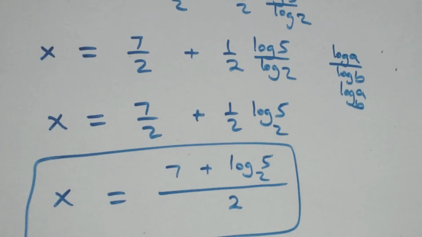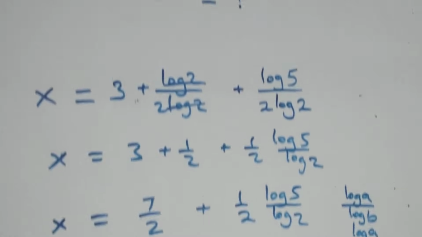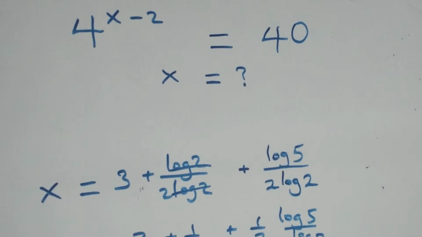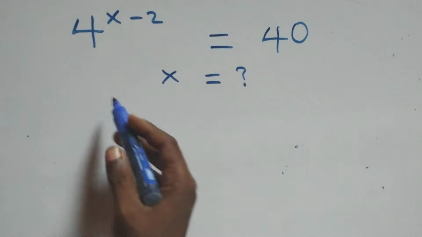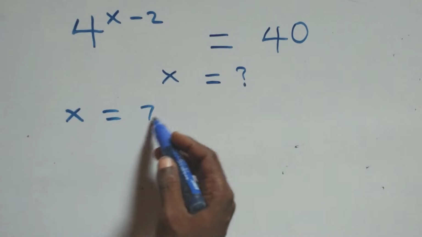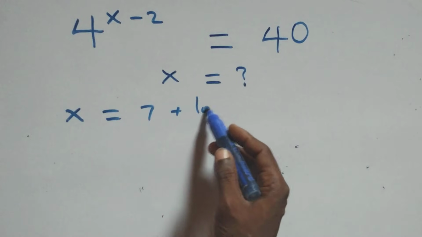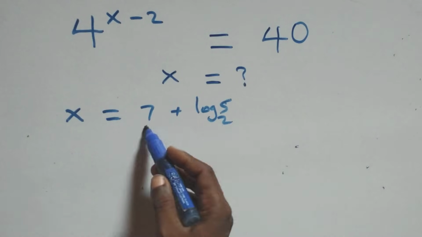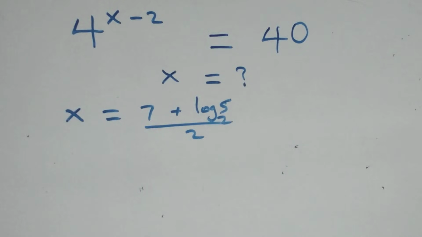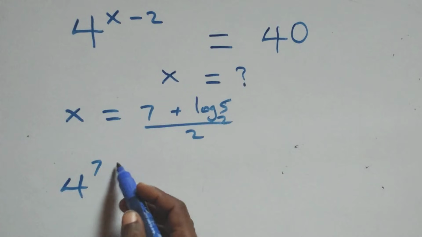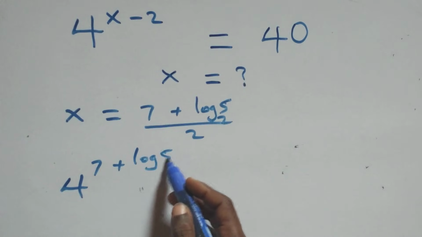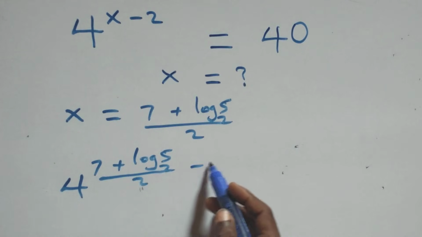Then let's check if this satisfies the given problem. We substitute the value of x here, which is x equals 7 plus log 5 base 2 all over 2. Then what we have here becomes 4 raised to power 7 plus log 5 base 2 all over 2 minus 2.